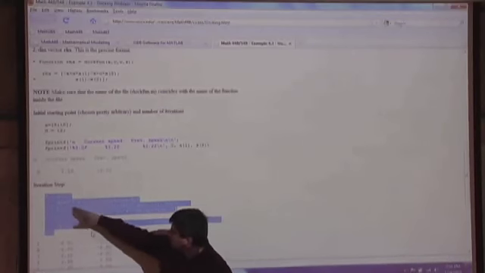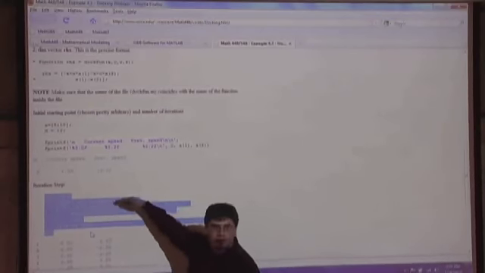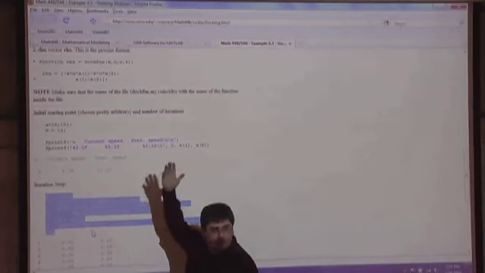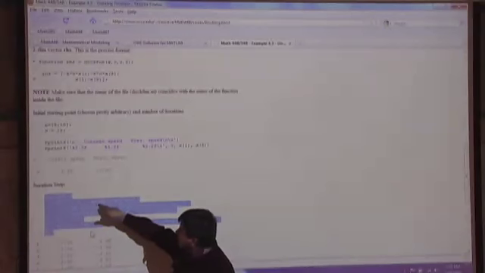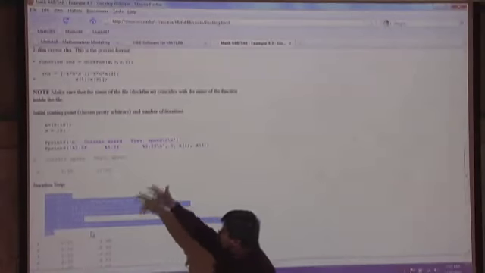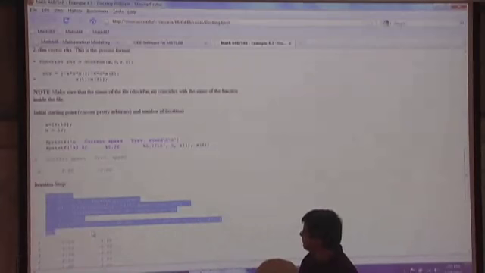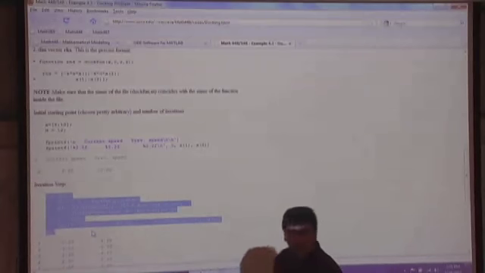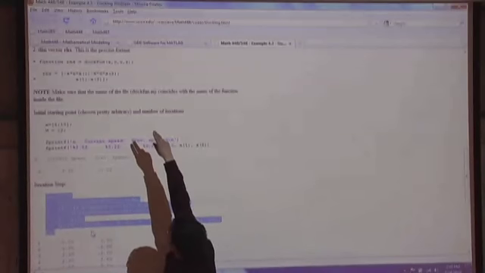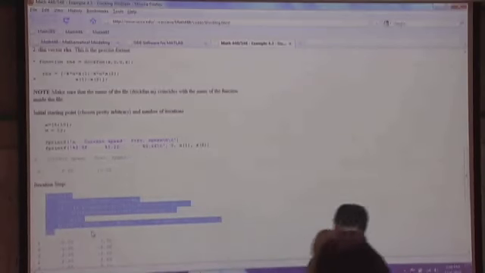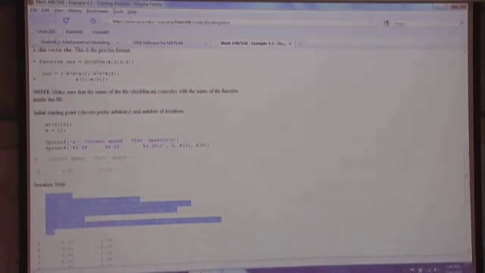Now there are two ways to do it. One is to just hard code it here, like we did above. Or the way I do it here is to define a function that needs to be called. The function is a separate file. Did I actually post this? I don't think I posted it.